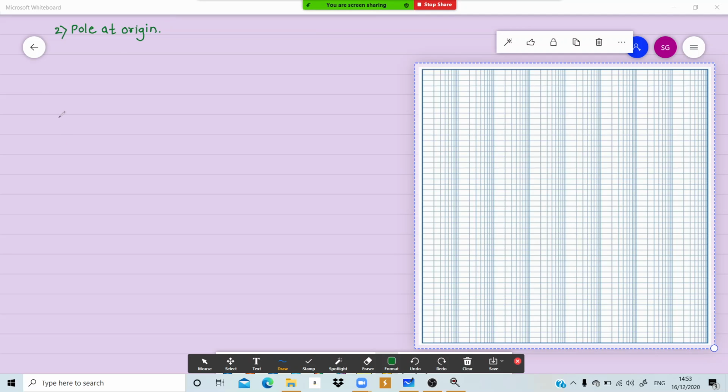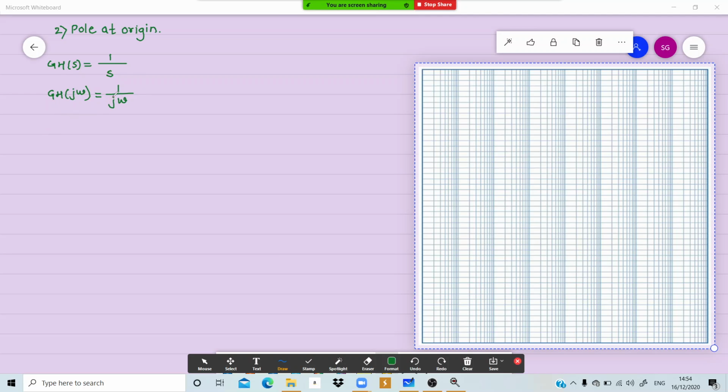Now when the pole is at the origin, you know that GH of S has one S term in the denominator, so 1 by S. If you are talking about the frequency domain, you should write 1 upon j omega. So GH of j omega is equal to 1 upon j omega.